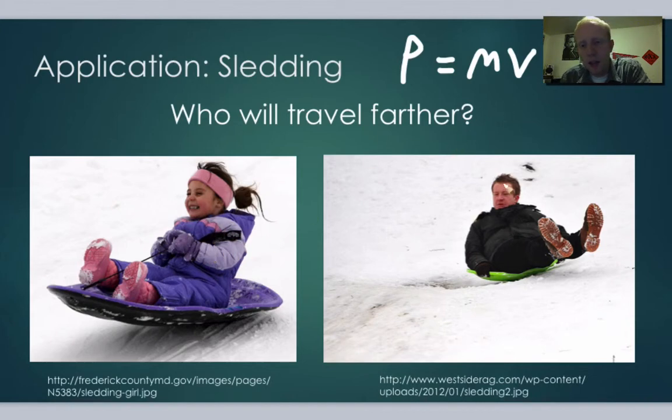So they are going to have a much larger momentum than the little kid. That means they're going to be harder to stop. They have more momentum, so they're going to travel farther before they slow down. So again, there are lots of intuitive scenarios where you're probably familiar with momentum. Just keep that in mind.